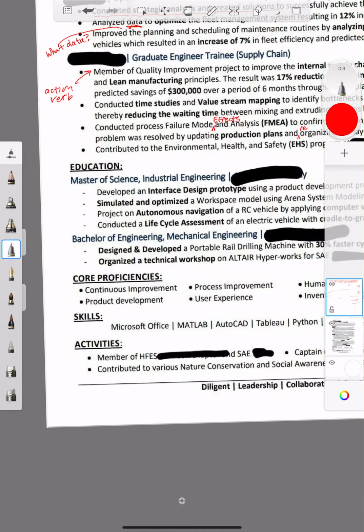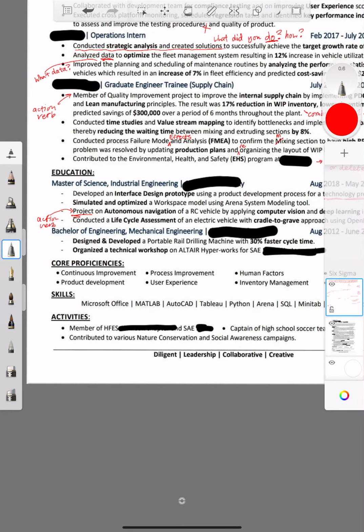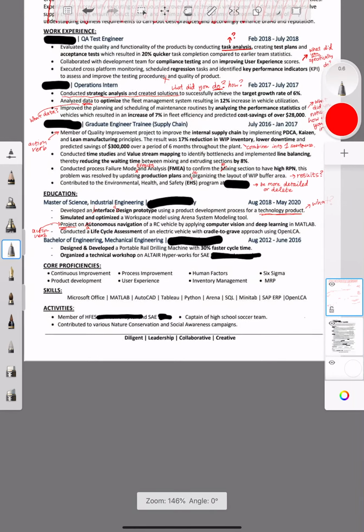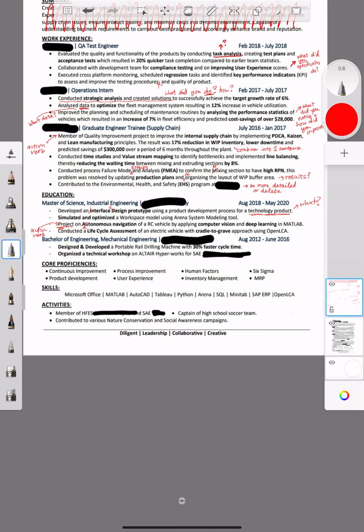Okay, "Project on." So again, you need to start with an action verb. I don't know why "autonomous" is capitalized. Same with "interface design." This shouldn't be capitalized. "Navigation of an RC vehicle by implying computer vision and deep learning in MATLAB."